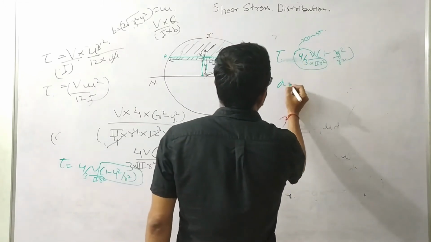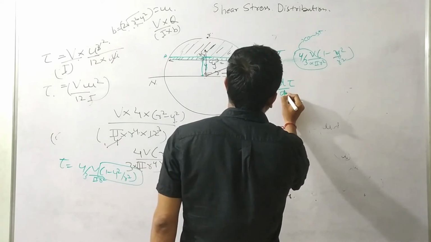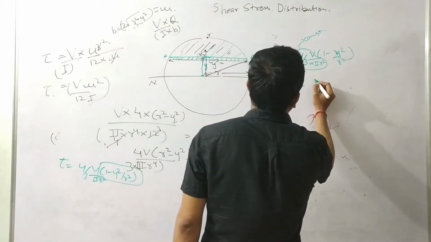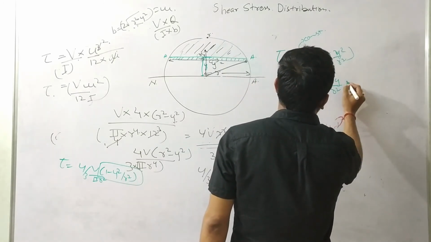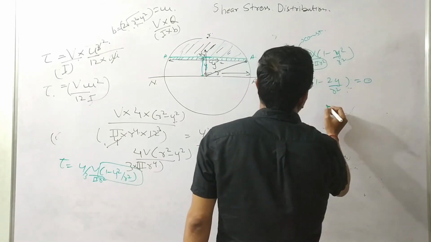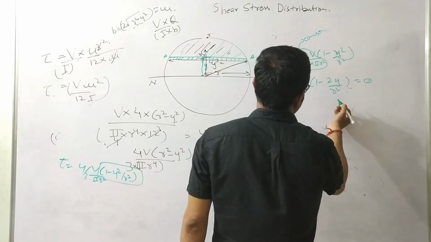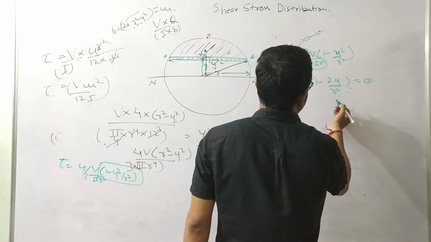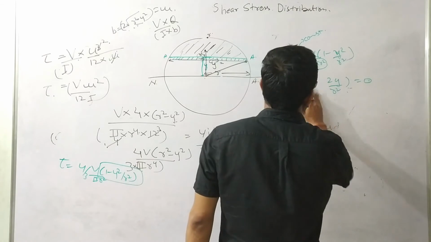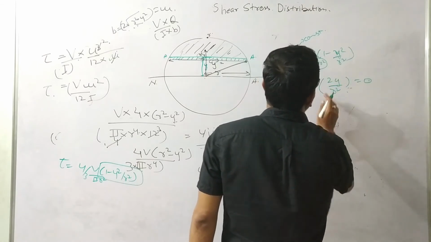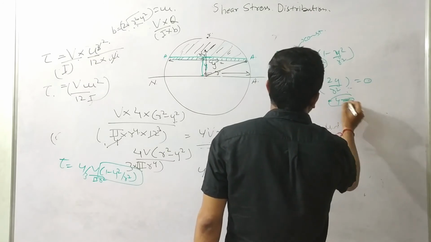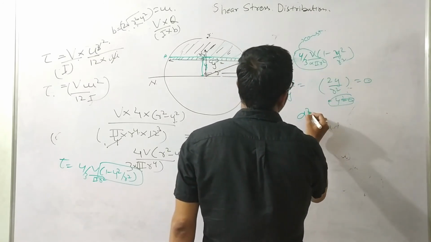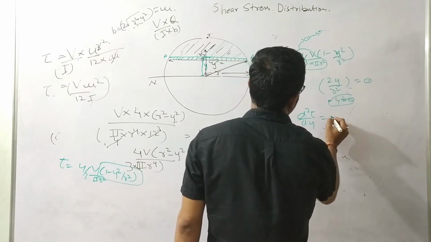So if I write del tau by del y, this will be equal to 1 minus 2y upon r square. If it equals 0, then this term needs to be 0, so y should be equal to 0. Then again I differentiate, and del tau by del y is negative.